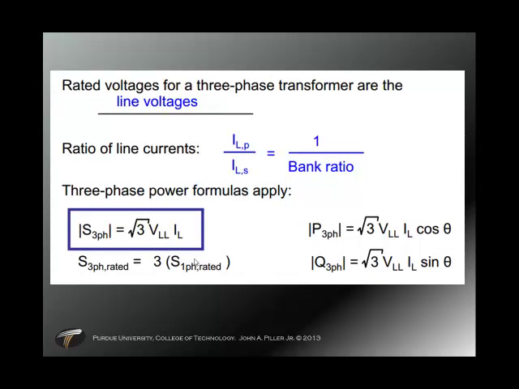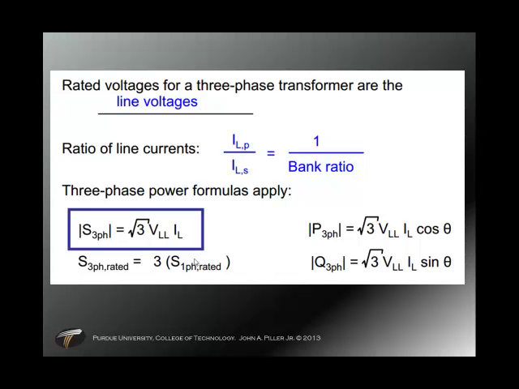Rated voltages for 3-phase transformers are line voltages. The ratio of the line currents is 1 over the bank ratio. That's usable for your bank ratio, and remember, your bank ratio is your line-to-line voltage ratio of primary over secondary. 3-phase power formulas apply, and so I put them up here again for you.